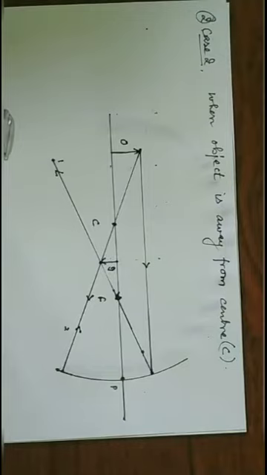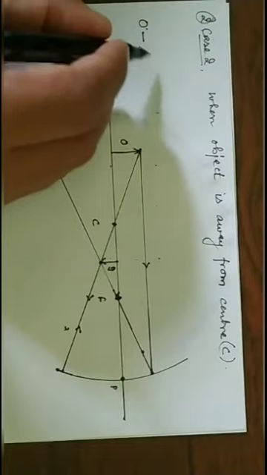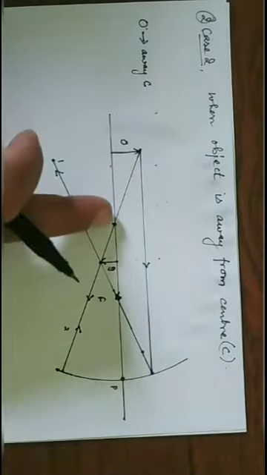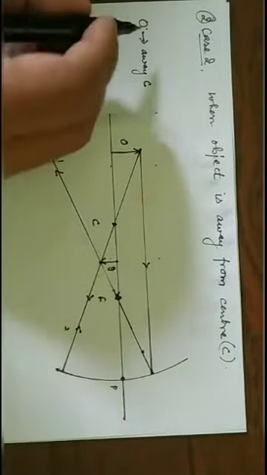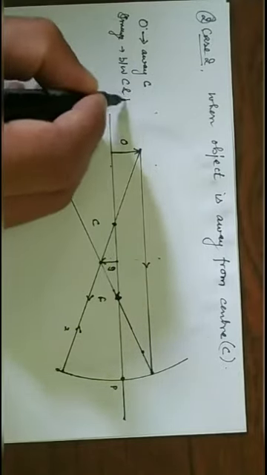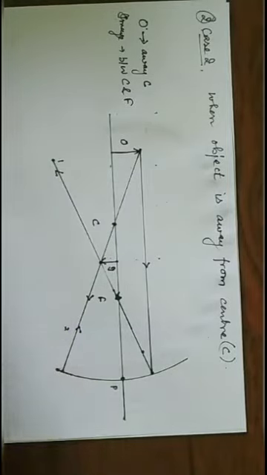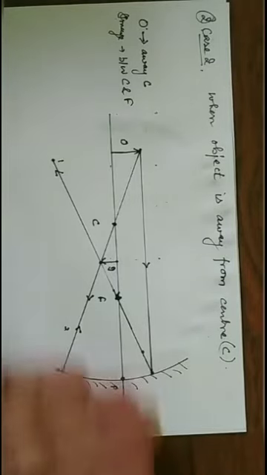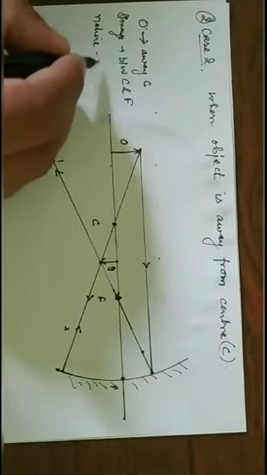So you can see that when your object is away from the center of curvature, your image is between C and F. Now here the rays after reflection from this mirror are actually meeting at this point, so the nature of the image is real.